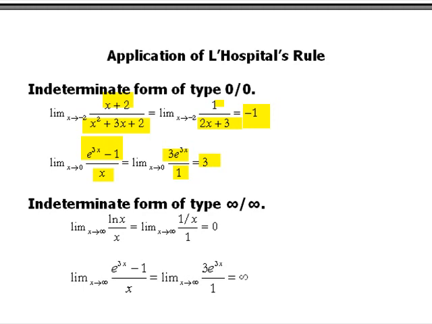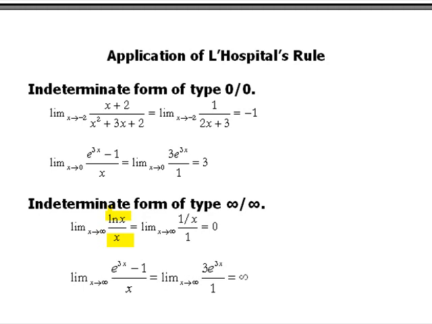We can do the same thing when we have the indeterminate form of the type infinity over infinity. Here I'm going to take the limit as x goes to infinity. The log of x is going to infinity. It blows up slowly, but it blows up. And x itself will go to infinity.